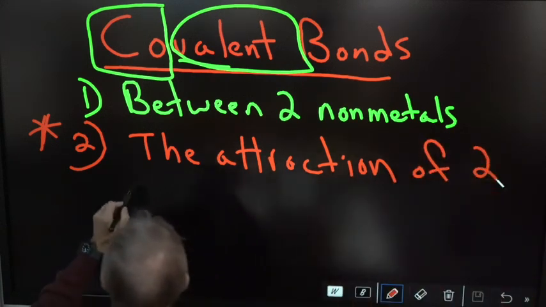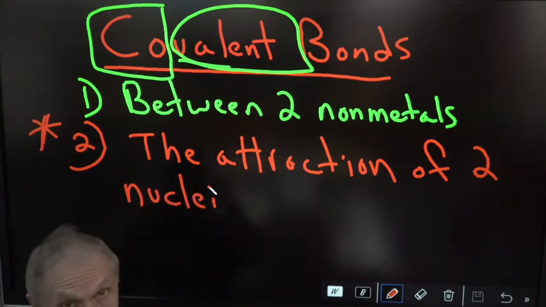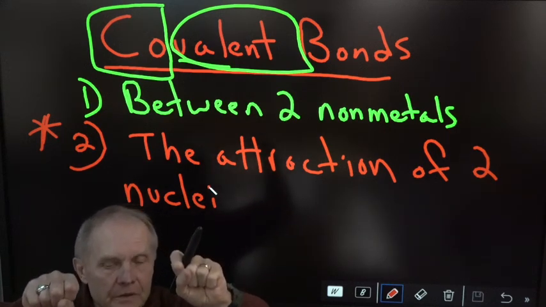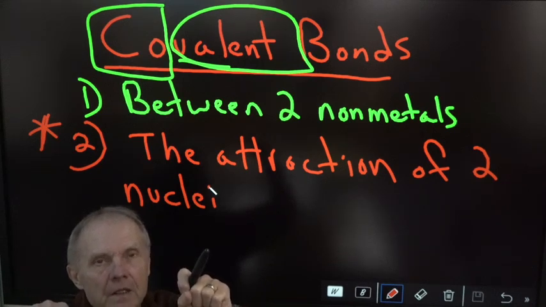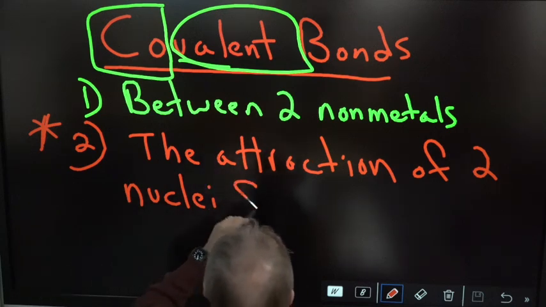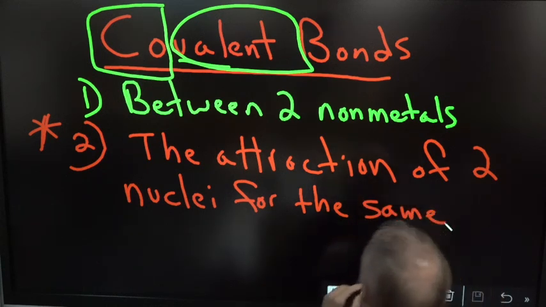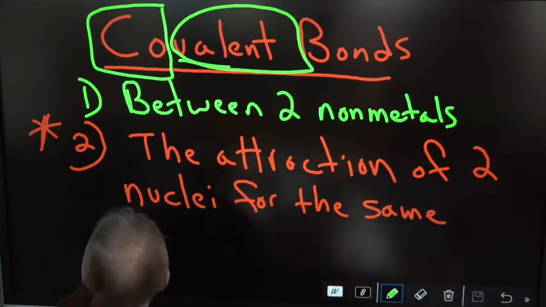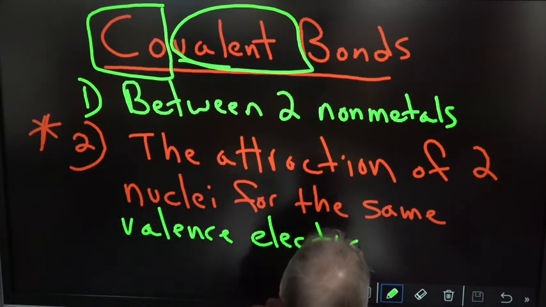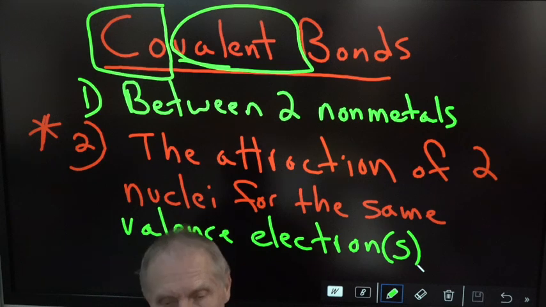of two nuclei, all right? In other words, two nonmetals, the nuclei of both nonmetals want to do something, all right? So, the attraction of two nuclei for the same valence electron or electrons.